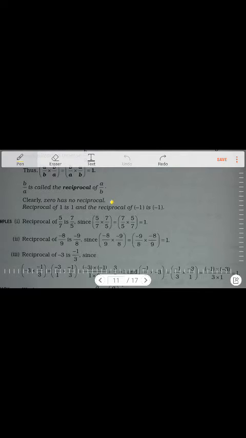And here if you will see, it has been written clearly 0 has no reciprocal. Why does 0 have no reciprocal? Because you see 0 below, if there is no denominator, generally we consider 1. In case of 0 we can consider any number also. But when we do its reciprocal, then it becomes indefinite.